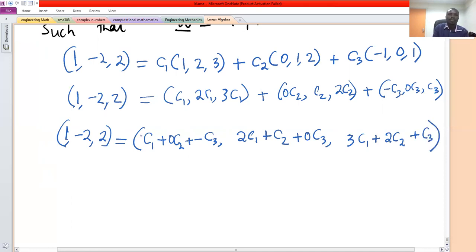And for this equality to make sense, the first element on the left should be the same as the first element on the right. Second on the left should be the same as second on the right. Third on the left should be the same as third on the right.